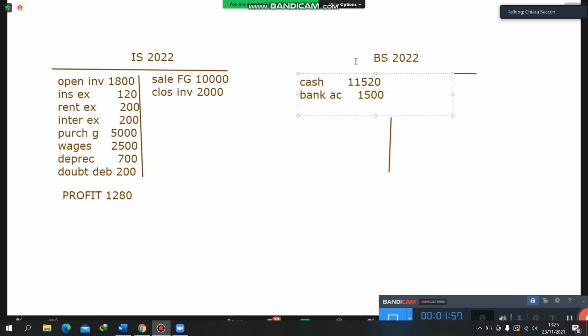Then the building asset, 7,000. Again, among assets, we find the receivable, 10,700. Prepayment receivable. Then prepayment, 90. Then inventory, 2,000.